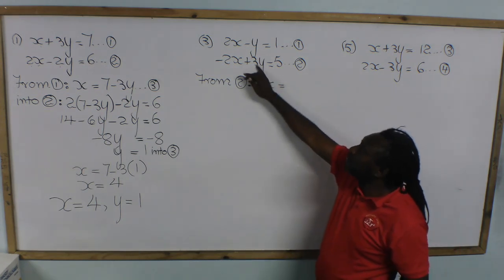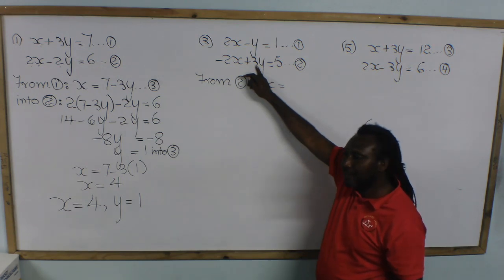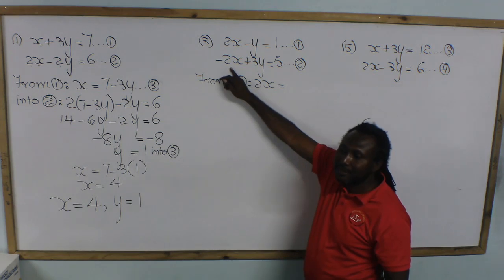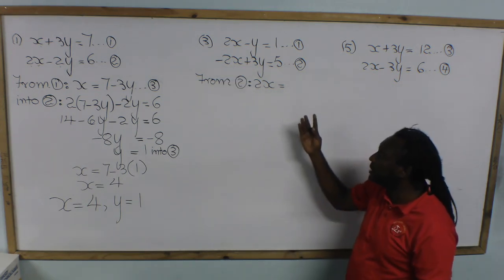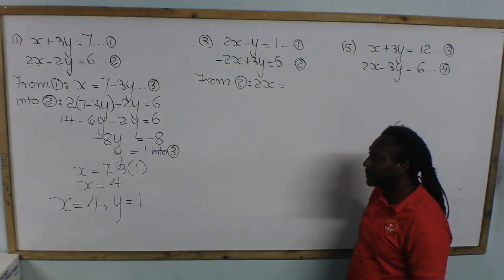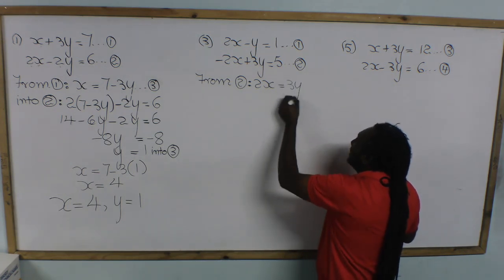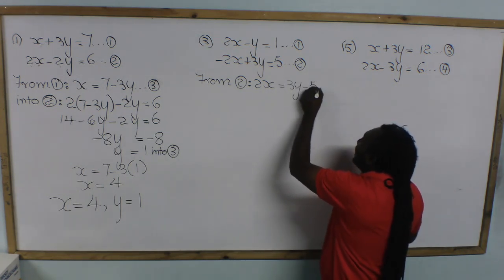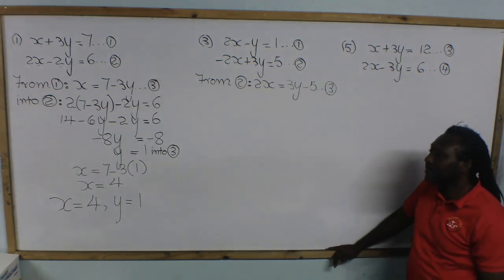Therefore, what we will have is 3y minus 5 on the left hand side. On the right hand side, we will have this positive 2x. So if you look at the equation in reverse, we will get 2x is equal to 3y minus 5, and that is your equation 3.